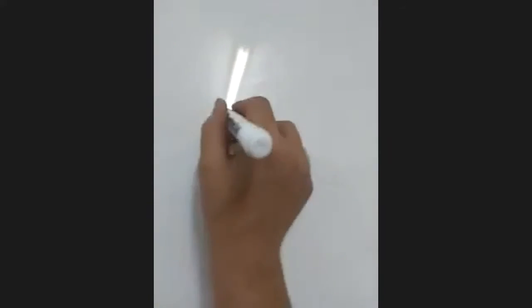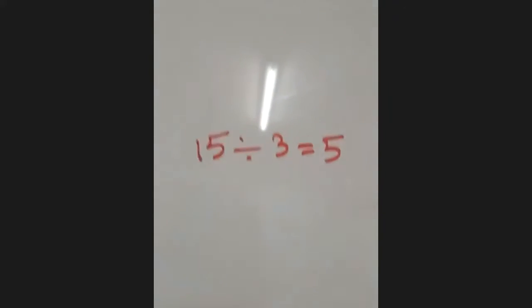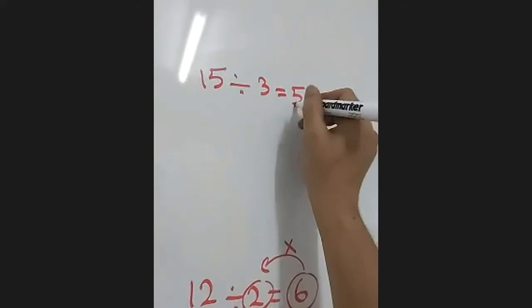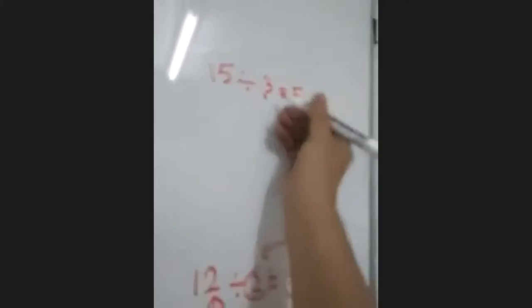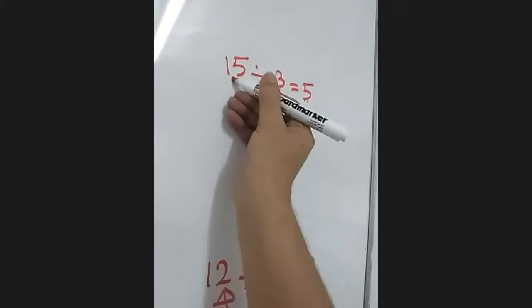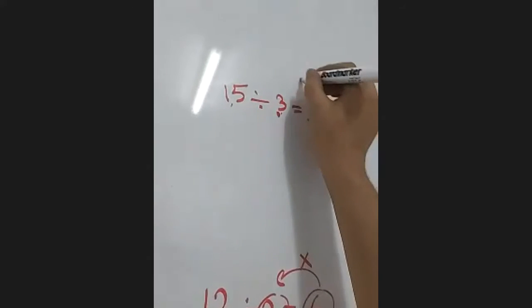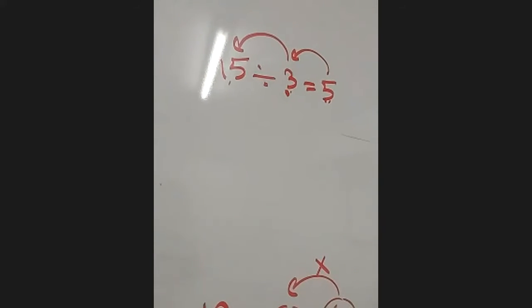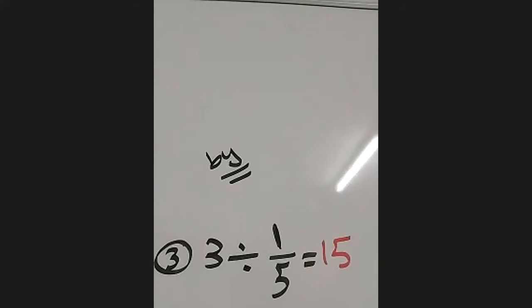When I tell you that 15 divided by 3 is 5, how we check our answer? 5 multiplied by 3 equals 15. Exactly. You multiply the answer with the divisor. This is the quotient, this is the divisor, and this is the dividend, right? If you multiply 5 by 3, the answer is 15. So how we check our answer here?